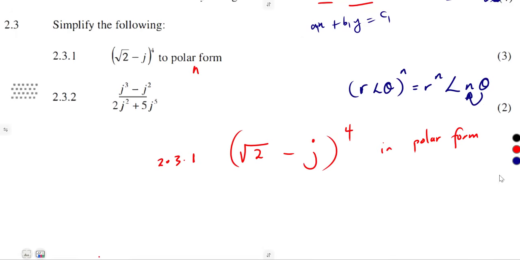It is the same presentation, guys, for those who use cis theta: r to the exponent of n, cis n theta. Just like that, n theta.